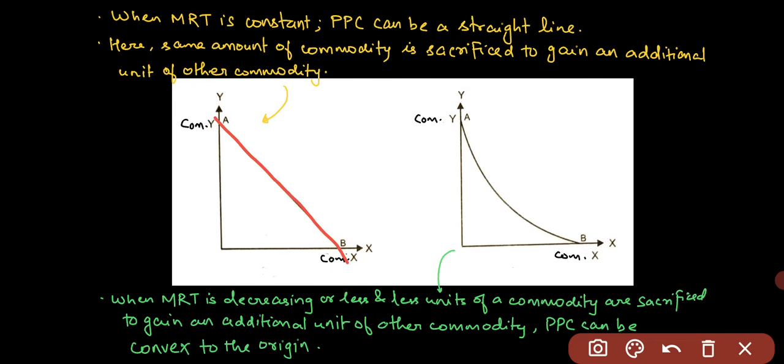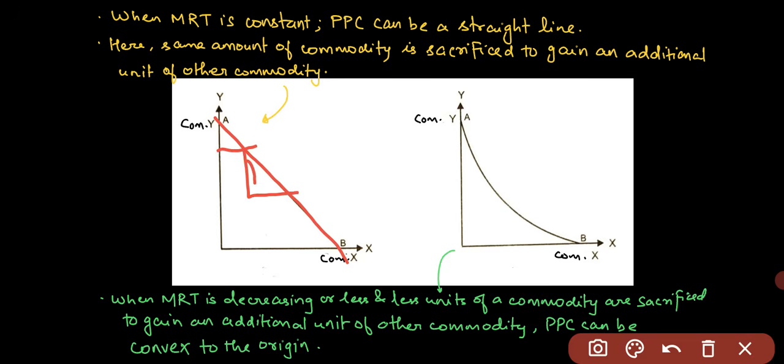When the marginal rate of transformation is constant. When we are gaining one more unit of commodity X, we are losing only one unit of commodity Y. At the cost of one more unit of Y, we are getting one more unit of X. Then it is the same in all cases.